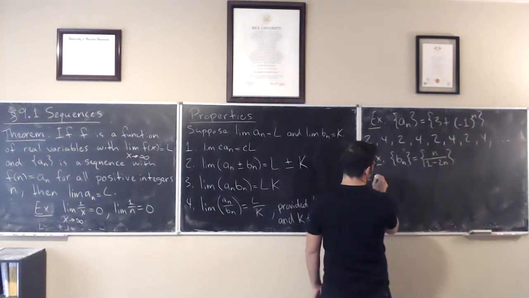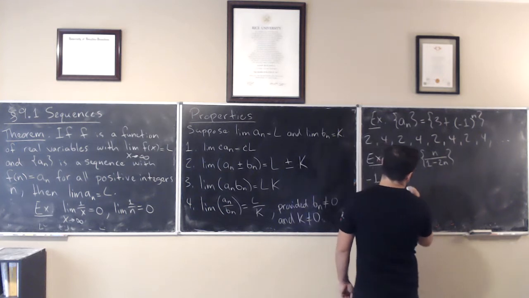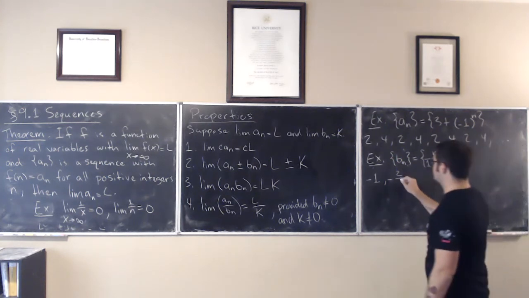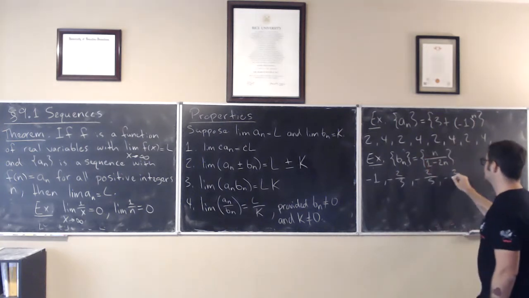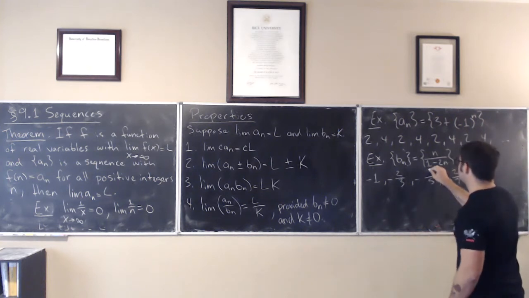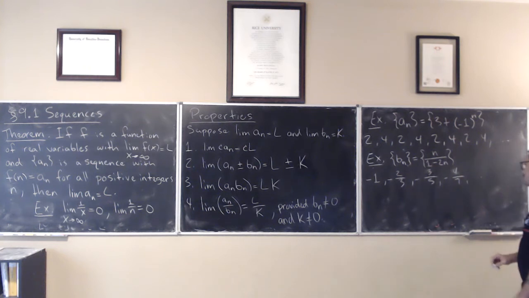So it's minus 1, minus 2/3, minus 3/5, and then minus 4/7. Okay.